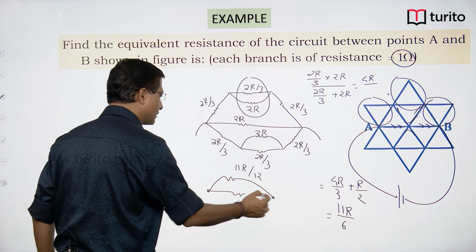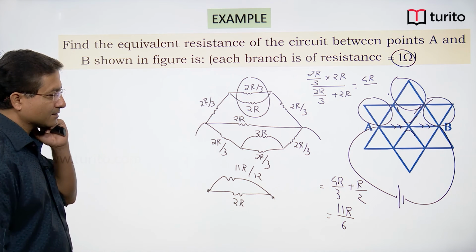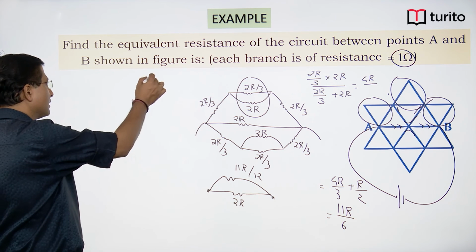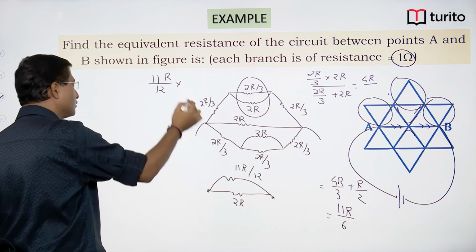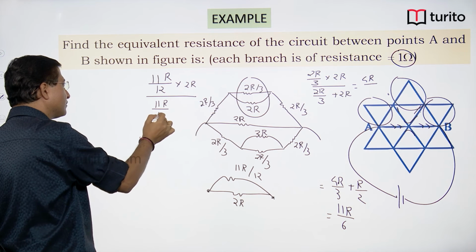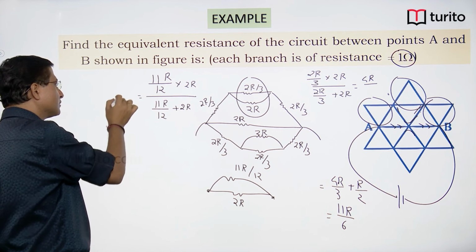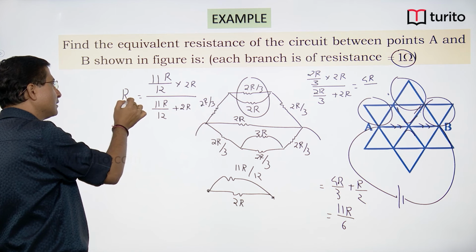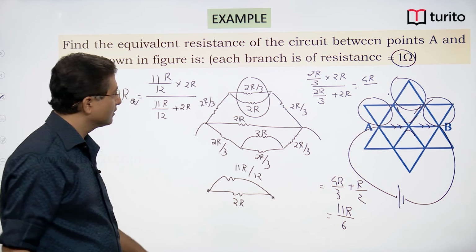And this one is 2R. Now these two are connected in parallel. Let's check the answer. So 11R by 12 into 2R divided by 11R by 12 plus 2R. This is R equivalent AB, right?